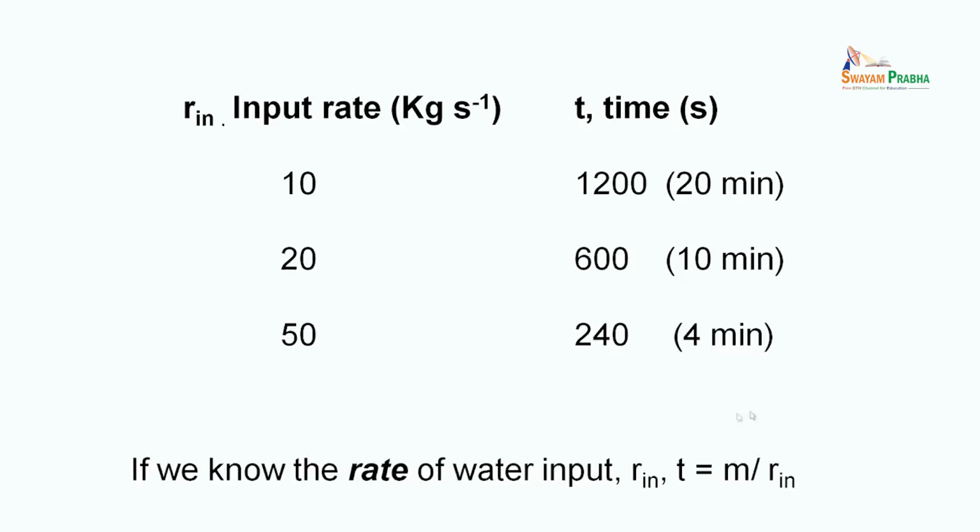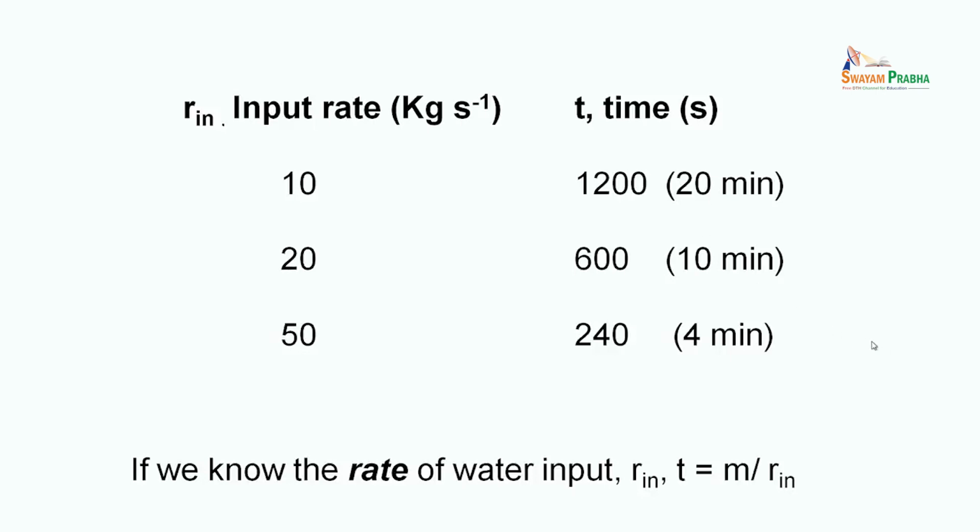How did we get at this? If we know the rate of water input, the time is nothing but the mass divided by the rate, and that is what this turns out to be. For example, 12,000 kilogram by 10 kilogram per second gives you 1200 seconds, which is 20 minutes, and so on.